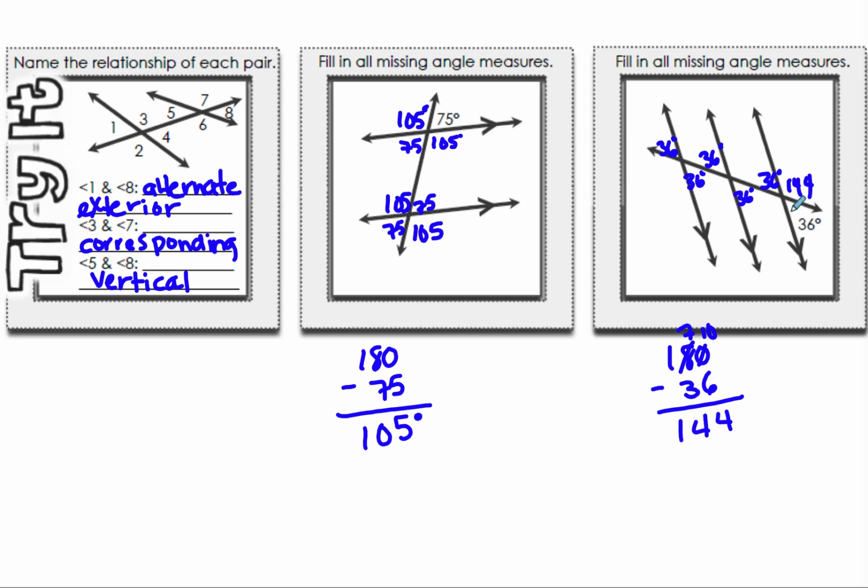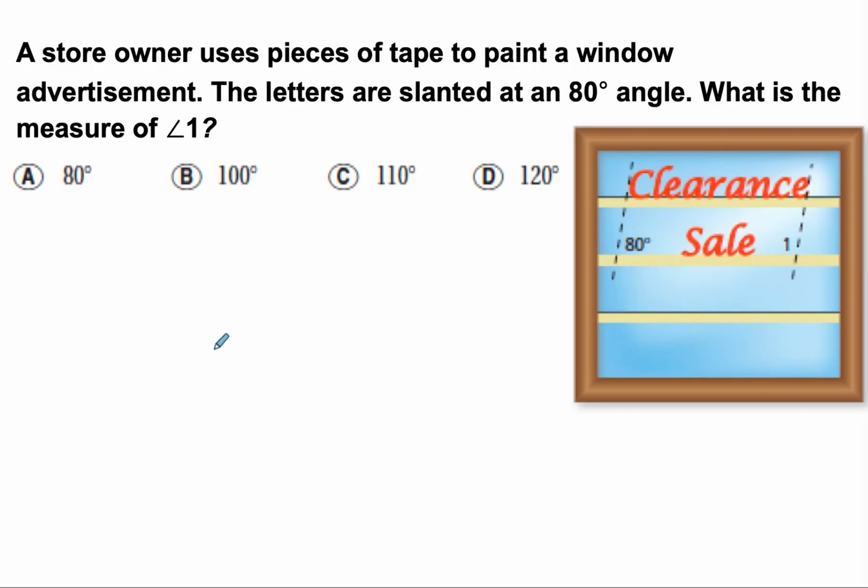So that means all of our obtuse angles are going to be 144. All right, let's take a look at our next one.